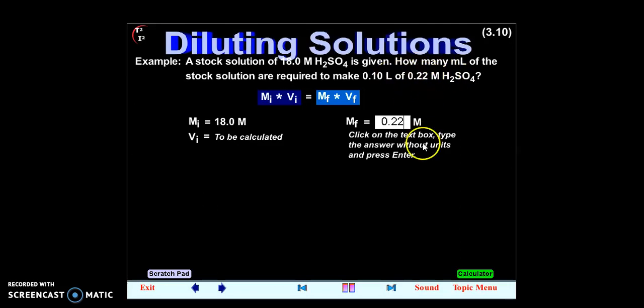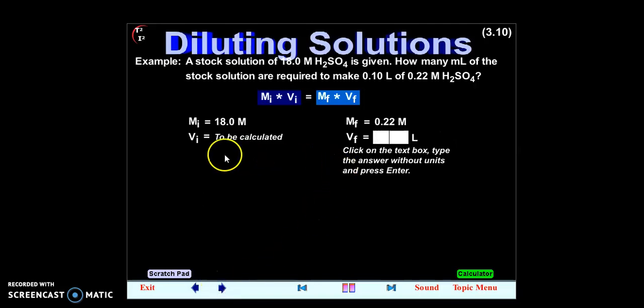That is right here in the question. Your VI, initial volume, is what we want to calculate. You want to know how much volume of this bench solution you are going to measure to dilute to 250 ml. So your final volume is 0.10 liters.